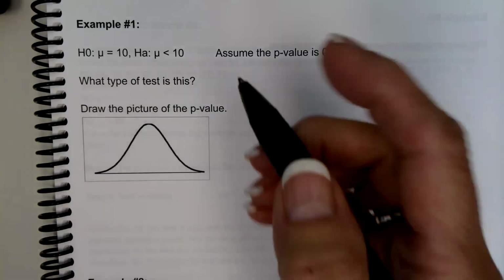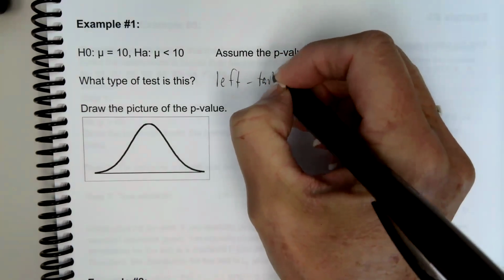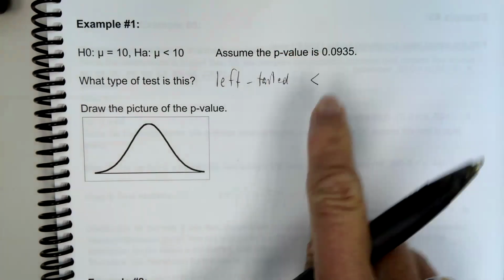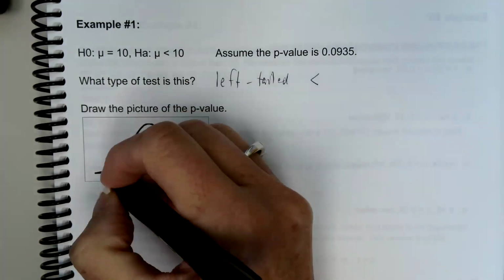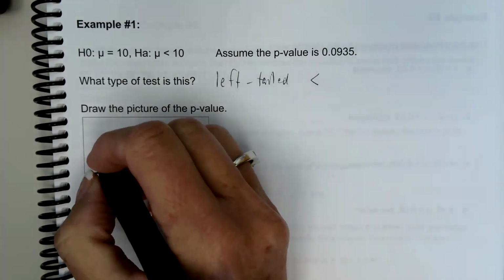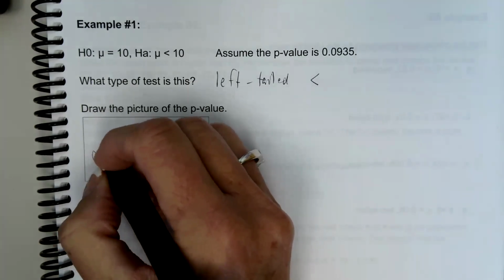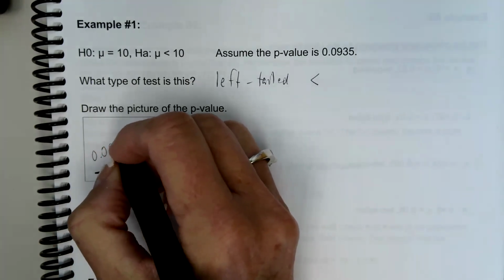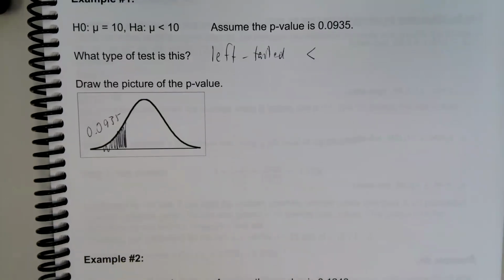What type of test is this? It's a left-tailed, because it's a less than, and we're going to draw the picture. And the likelihood of this is being 0.0935. That's all we want to do here is just practice that.